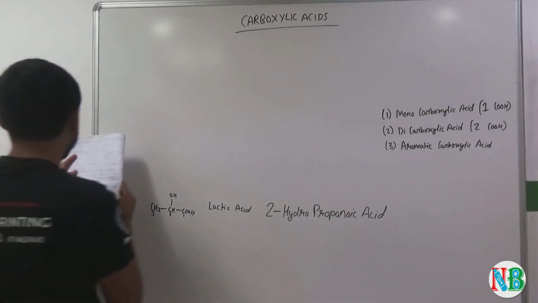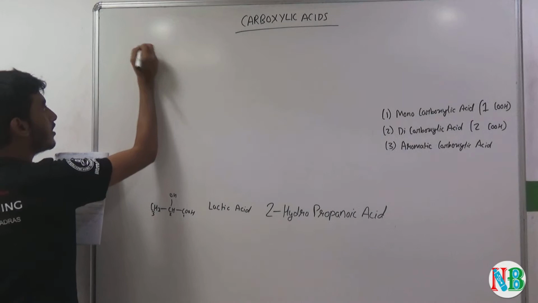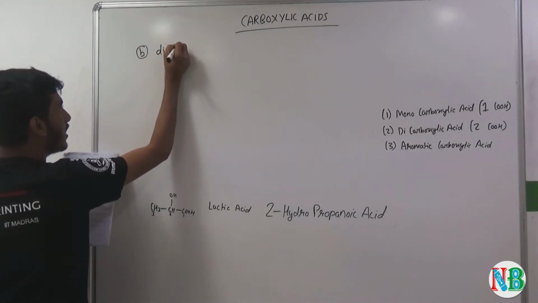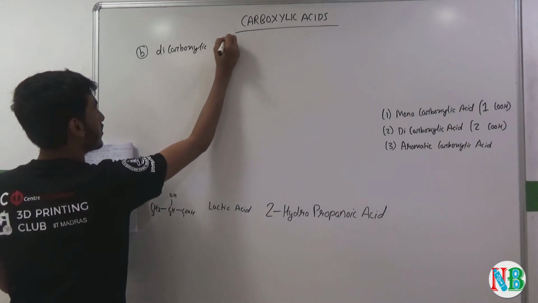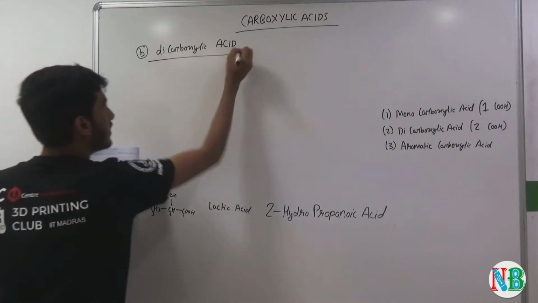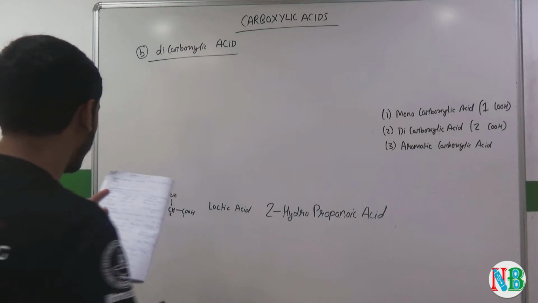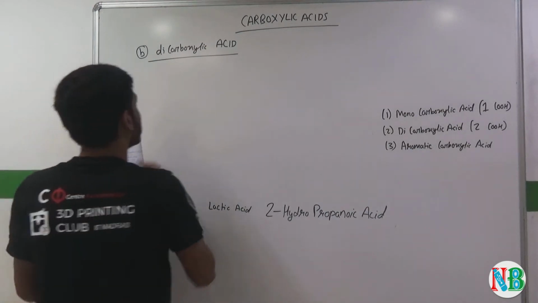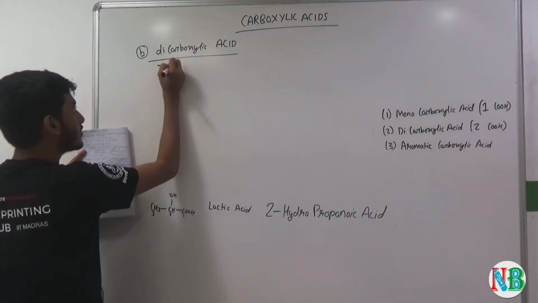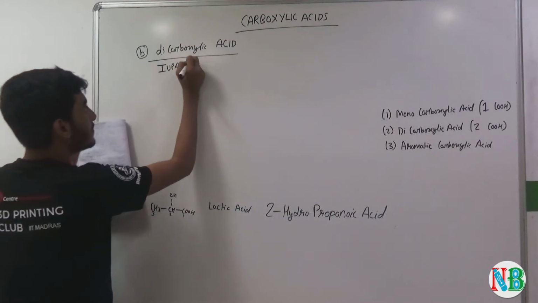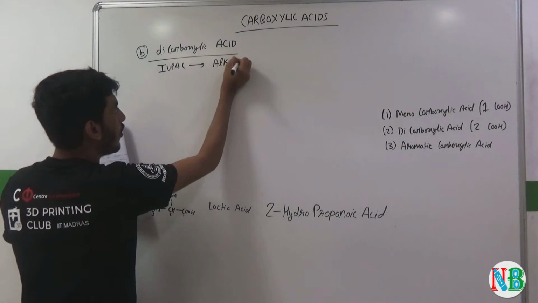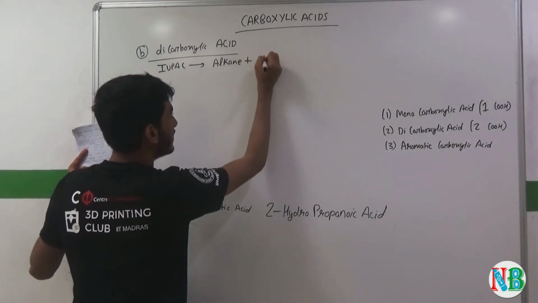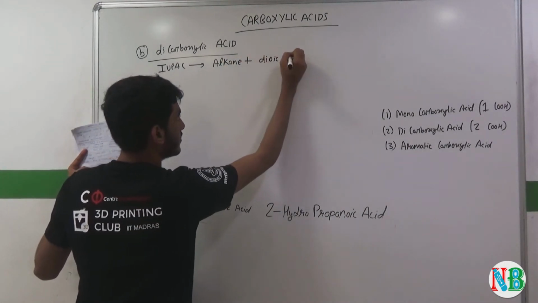Now let's start with how to name a dicarboxylic acid. The first thing to know over here is that they have two COOH groups. So simply the IUPAC name, you just have to replace the end E of the alkane with dioic acid.